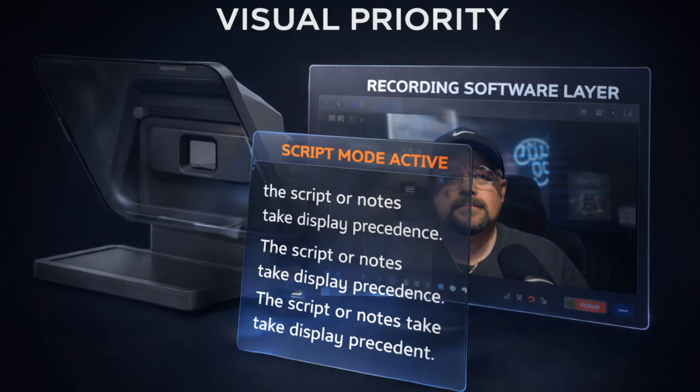But here's the key. It's not a bug. It's not an incompatibility issue. And it's not a specific recording software fault. It's about visual priority. When you activate the teleprompter or script modes, the script or notes take display precedence, meaning whatever you put on the screen becomes the primary layer. That's intentional. Once you understand that, the workflow just clicks.